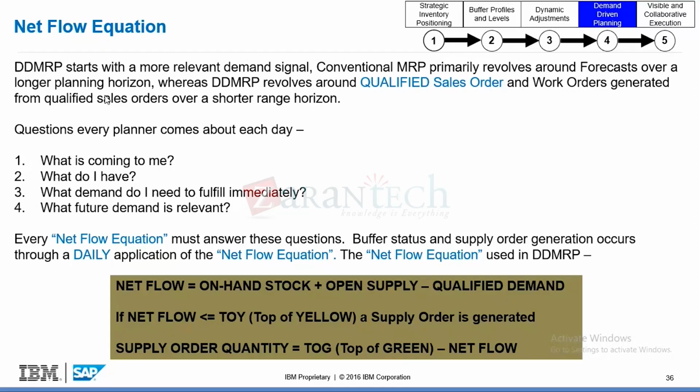What do I have, what demand do I need to fulfill immediately, and what is the future demand. So net flow equation will be on hand plus open supply minus qualified demand.